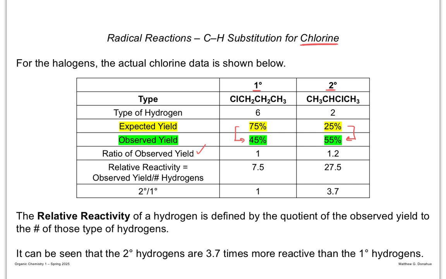Here's a new term for us, relative reactivity, which we define as the observed yield divided by the total number of hydrogens of that type. If you take 45 and divide it by 6, you get 7.5.